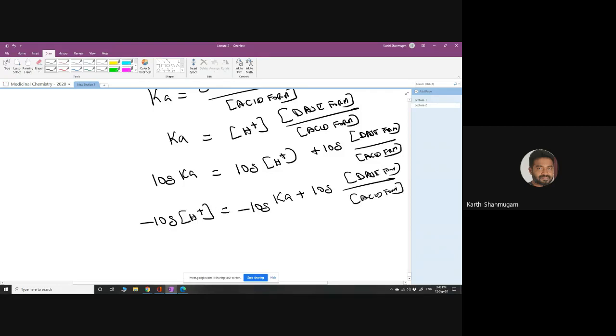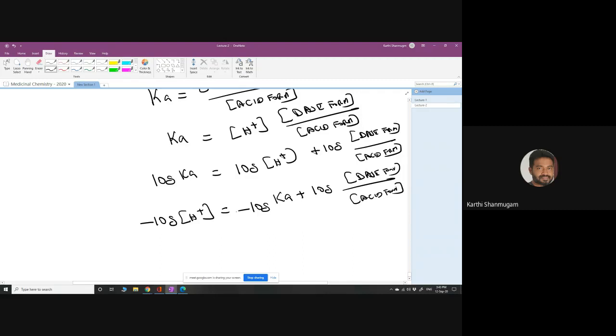We are bringing in the negative because pKa is negative log K. Can we rewrite like this? Is it right, or maybe some mistake?